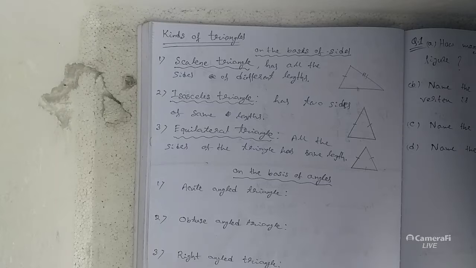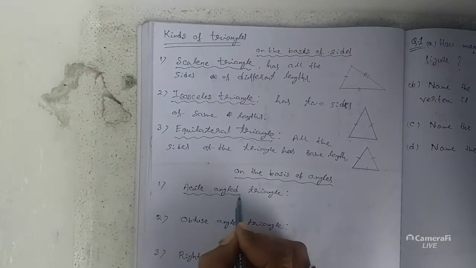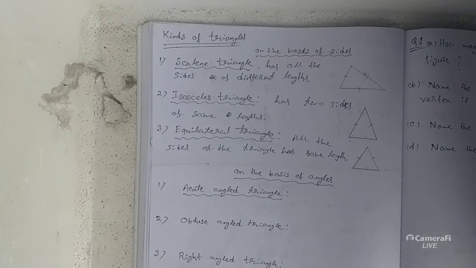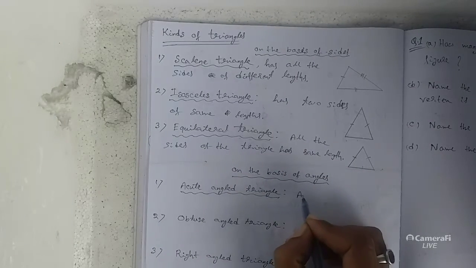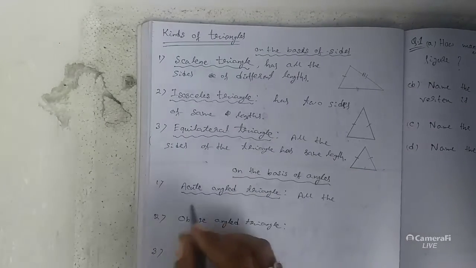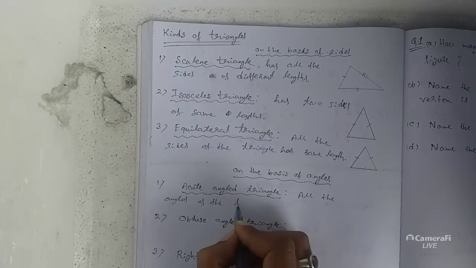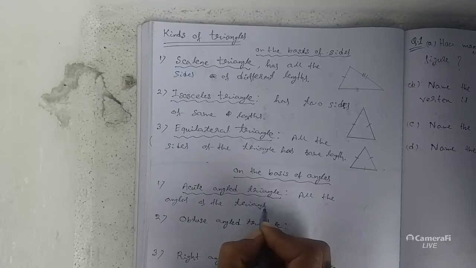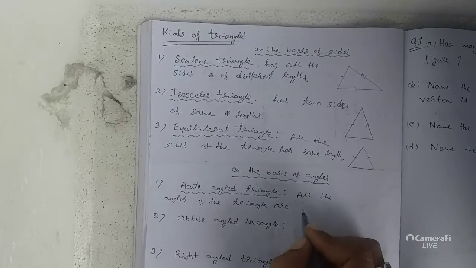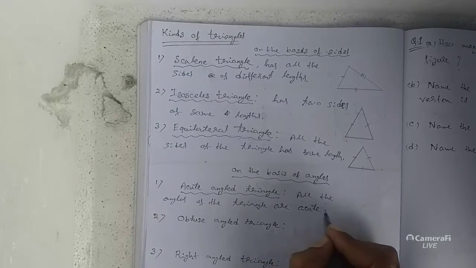Now, on the basis of the angles, there are also three types of triangle. Number one is the acute angle triangle. In an acute angle triangle, all the angles of the triangle are acute angles.